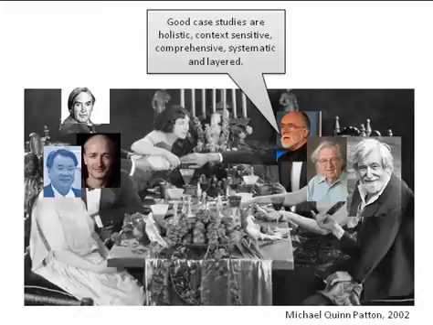Okay, let's bring in here our final voice, Michael Quinn Patton, and he says that good case studies are holistic, context-sensitive, comprehensive, systematic, and layered. And that's perhaps a good way to draw together what's common across all of those voices around the table.